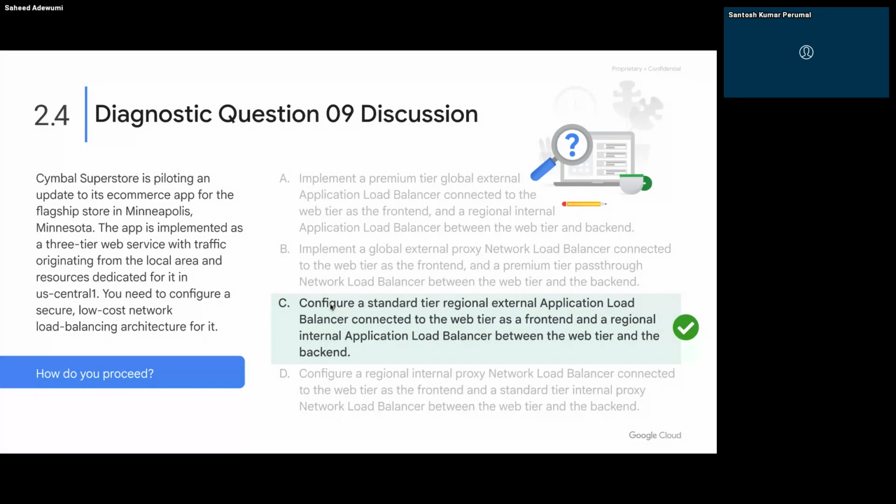The solution says to configure a standard tier regional external application load balancer connected to the web tier as a front end, and a regional internal application load balancer between the web tier and the backend. So we are using a load balancer to connect the front end and backend to reduce the latency.